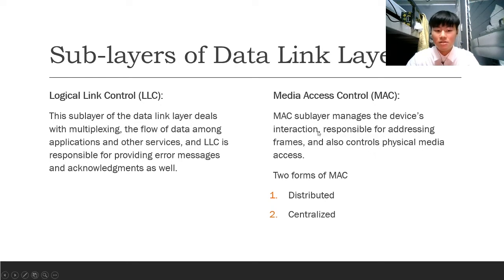And then it also provides the framing of data into frames, which are transmitted over the physical layer. These frames contain information about the physical signaling requirements of the medium and also the type of the data link layer protocol in use for the transmission.